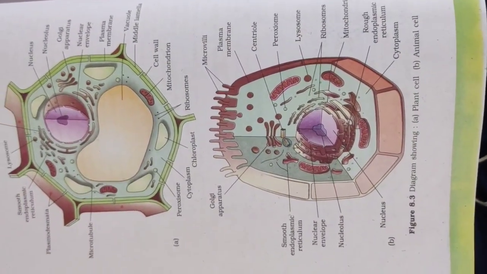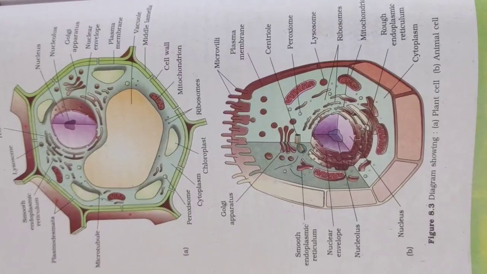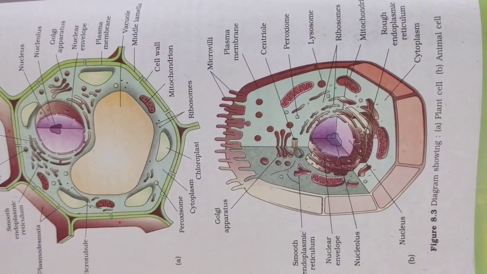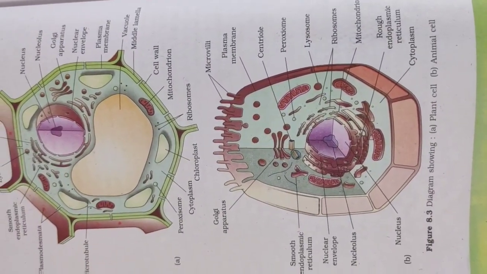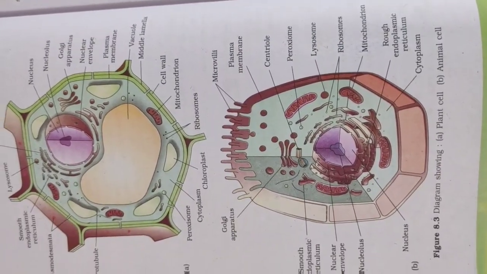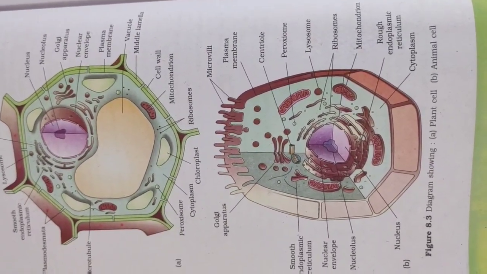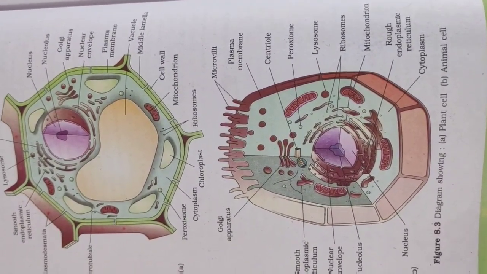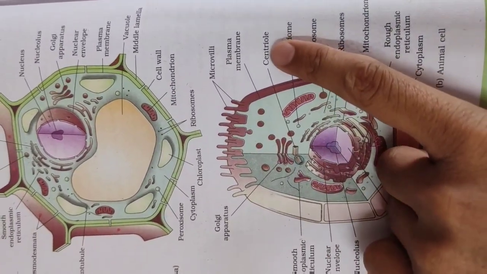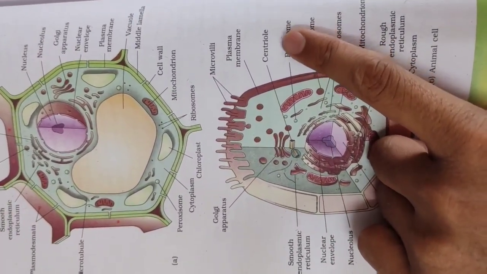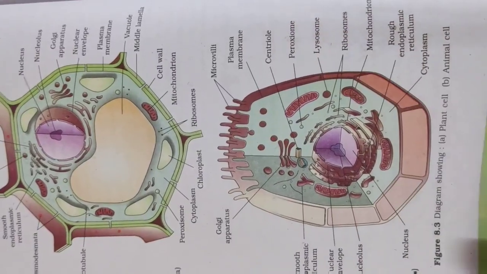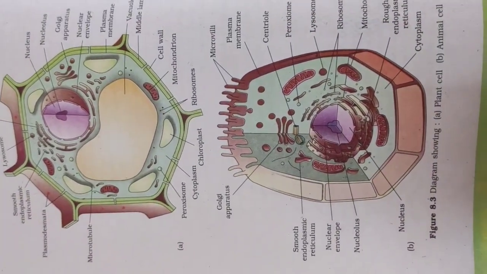Third, the plant cell has chloroplast, whereas the animal cell does not. Fourth is centrosome, or centriole, which is present only in animal cells and not in plant cells.